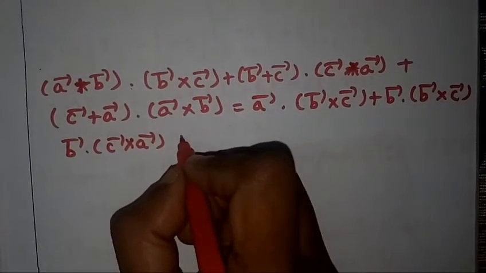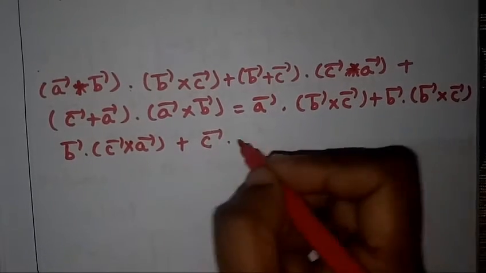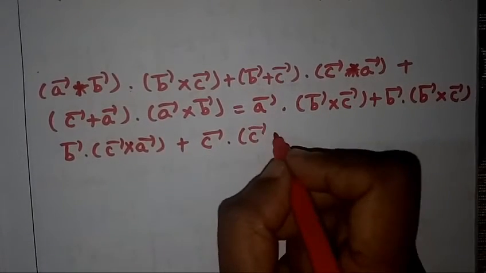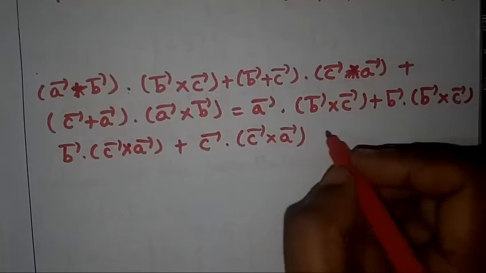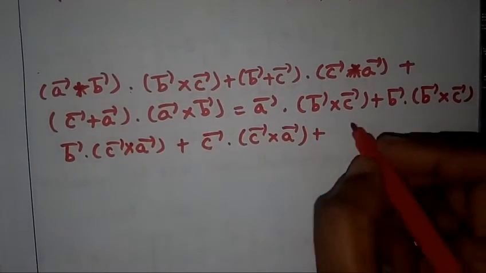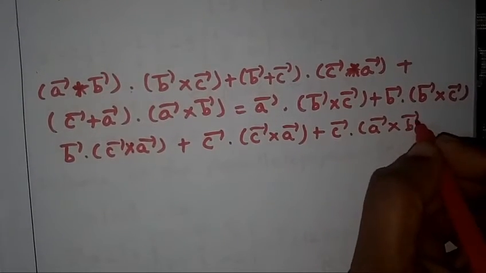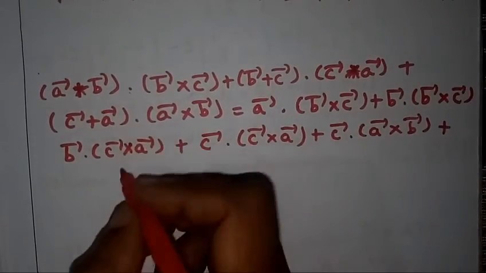Then plus here it is C vector dot C vector cross A vector. Then plus, along with the C, you have to take A vector cross B vector. Plus A vector dot this.